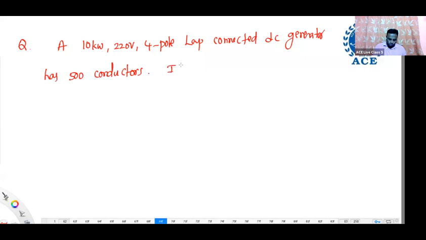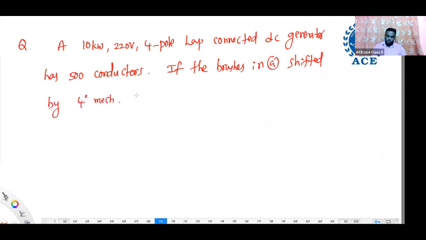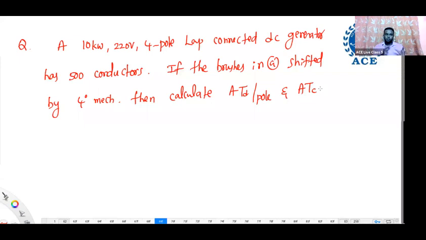If the brushes in the generator are shifted by 4 degrees mechanical, calculate ATD per pole and ATC per pole. If you add both, you will get the total ampere turns per pole anyhow.